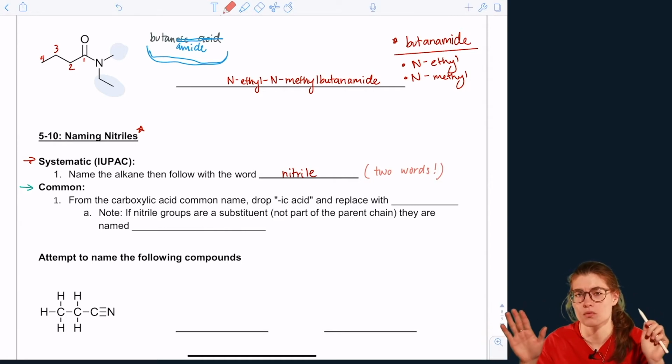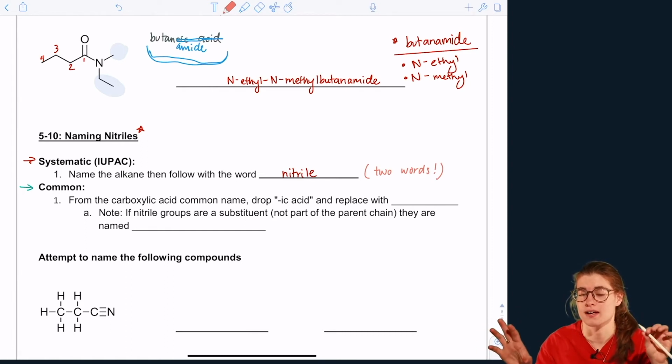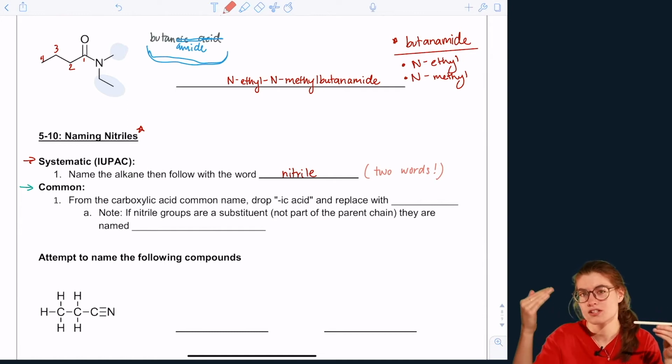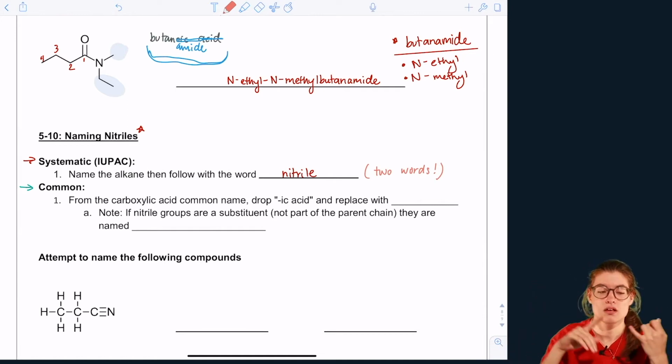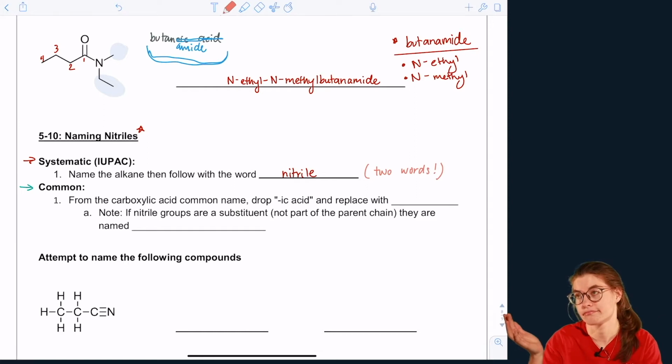The common way of naming a carboxylic acid was very similar to the common way of naming an aldehyde, where we only showed you a chart to name a carboxylic acid with 1 carbon in it, 2 carbons, 3 carbons, or 4 carbons.